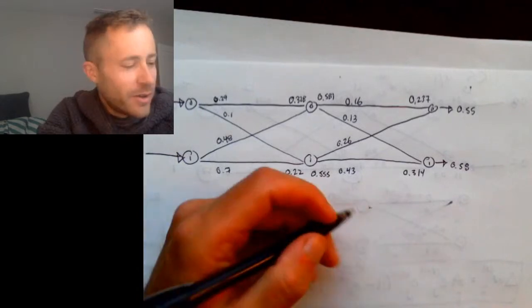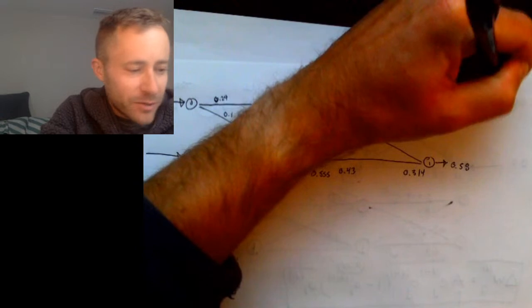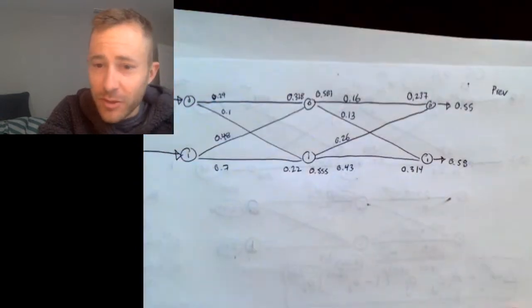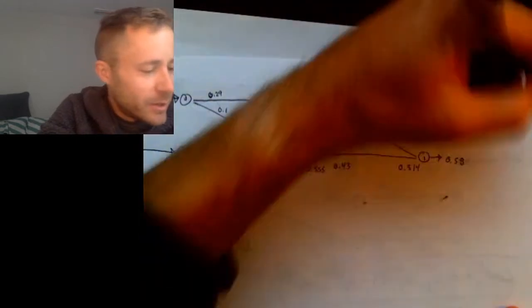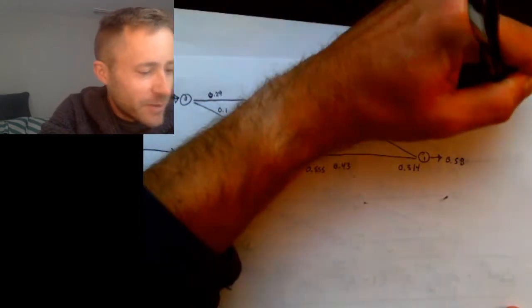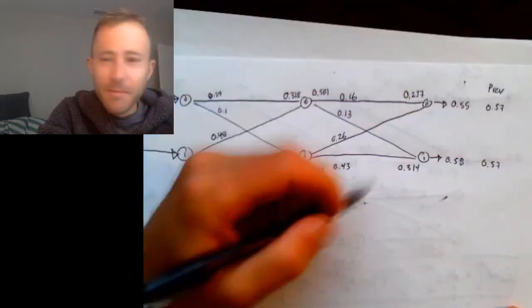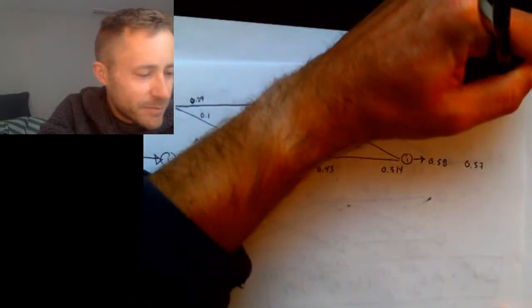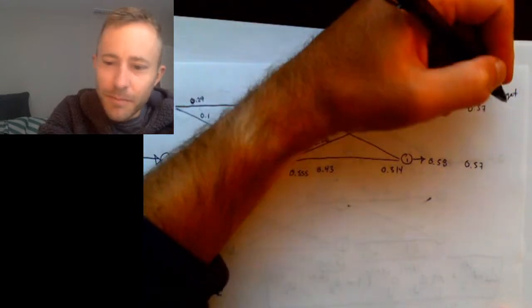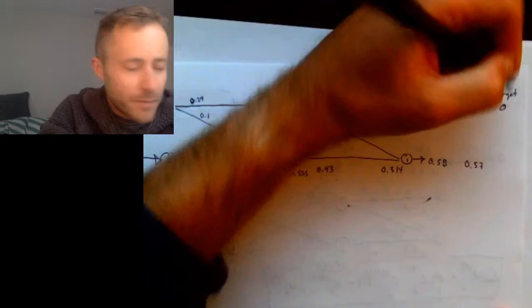Okay, so what you saw is the previous output, before we adjusted the link weights, was 0.57 and 0.57. And remember the target was 0 and 1.